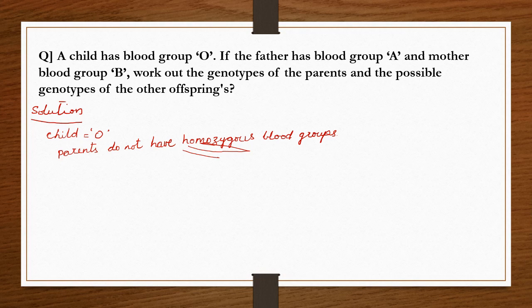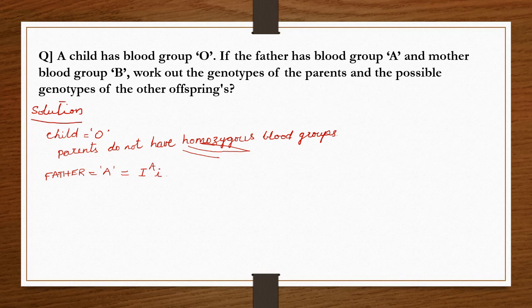So the father blood group is A. That means it is not homozygous, it is a heterozygous condition, IA small i.